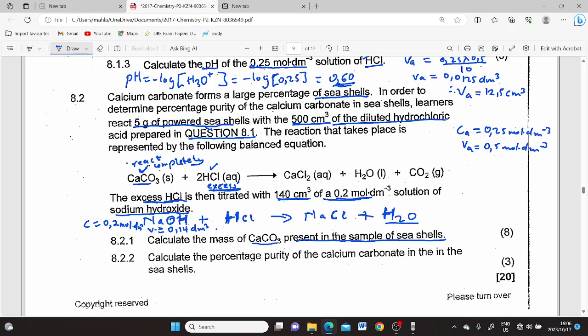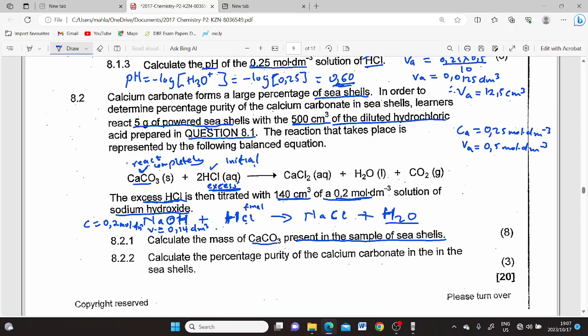We take the excess one, so this will be the initial, and from there this will be the final. So we're going to have our number of moles initially, and then the one for final.